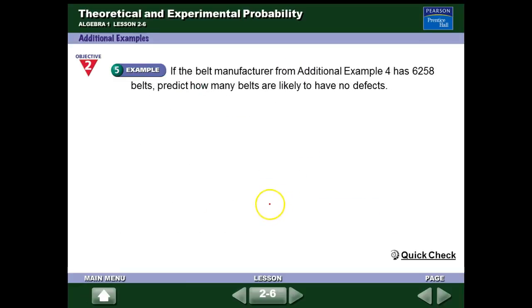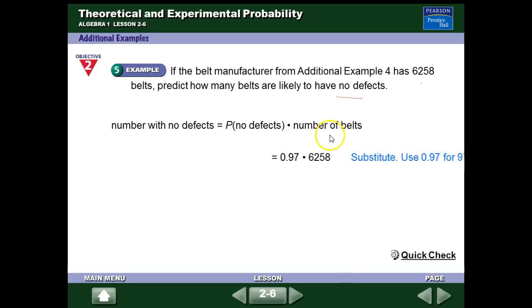Alright, our last example for today: if the belt manufacturer from problem 4 makes 6,258 belts, predict how many belts are likely to have no defects. So we need to figure out how many will not have defects.